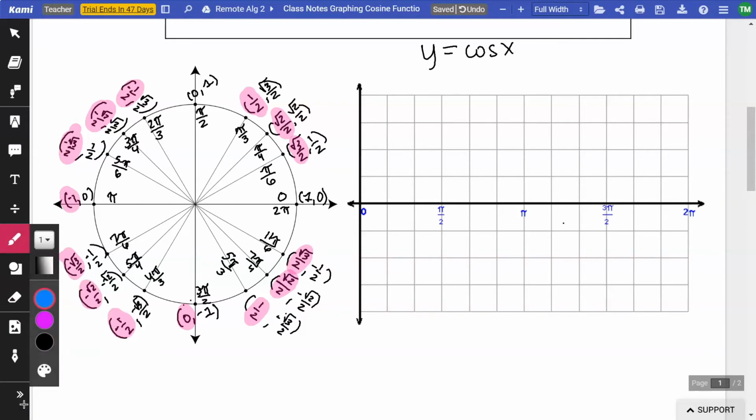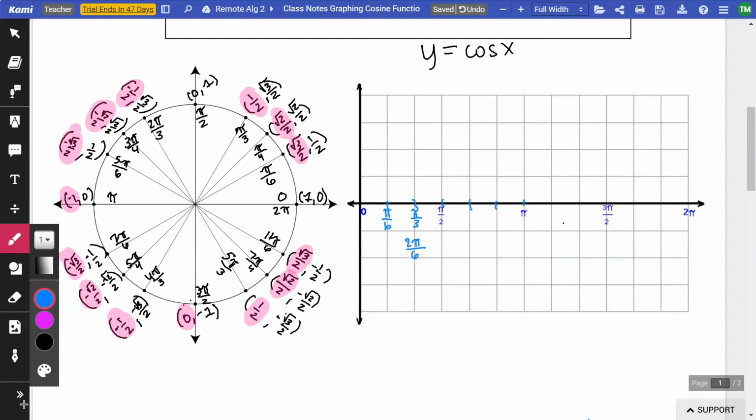So we have a full complete rotation from 0 to 2 pi. And from here to here we have 0 to pi, and we have 1, 2, 3, 4, 5, 6 spaces. So we can divide pi by 6. If this is 0, this would be pi over 6. This would be 2 pi over 6, which reduces to pi over 3.